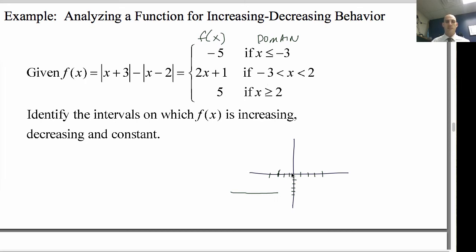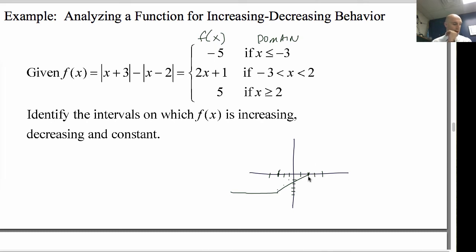From negative 3 to 2, so this middle part here, it's 2x plus 1, so up 2 over 1, up 2 over 1. So it's 2x plus 1 literally on that interval between those two things. Okay?